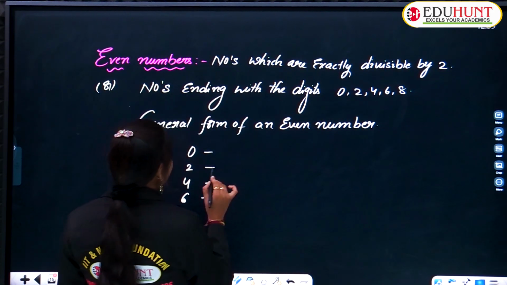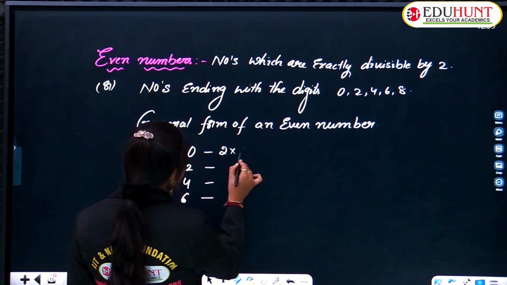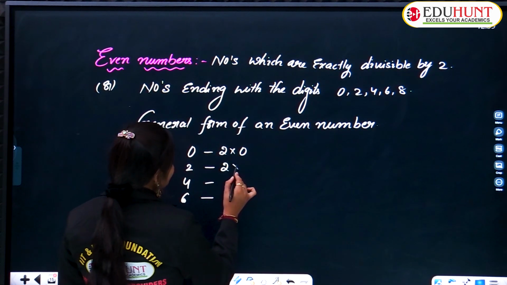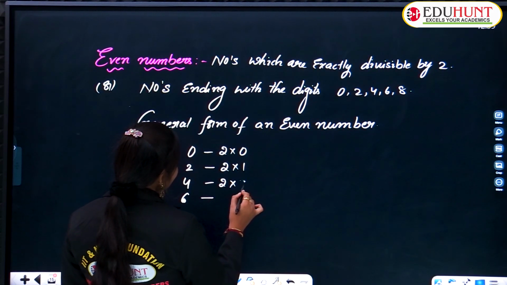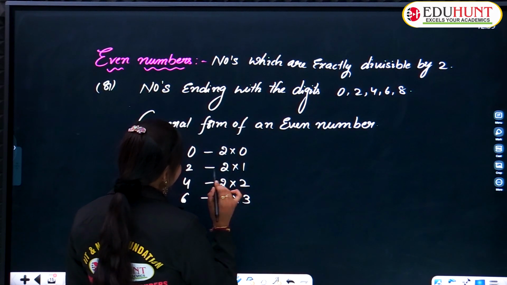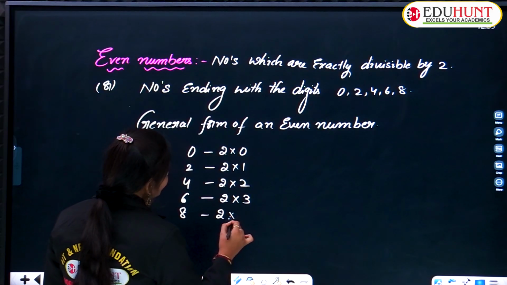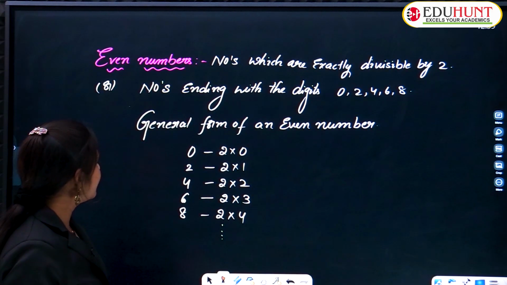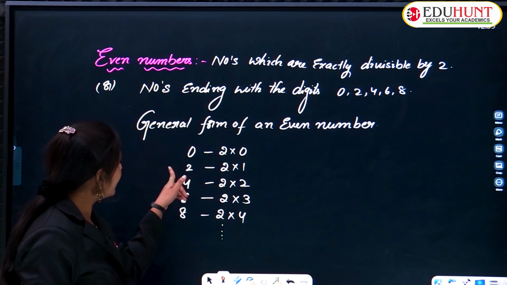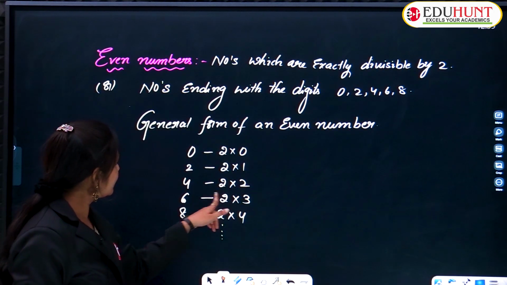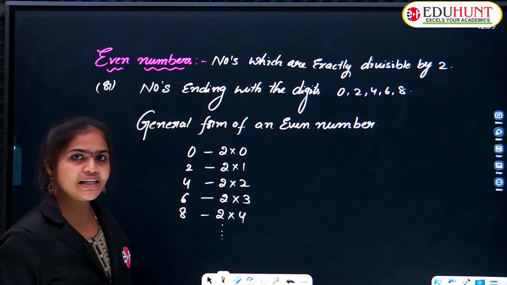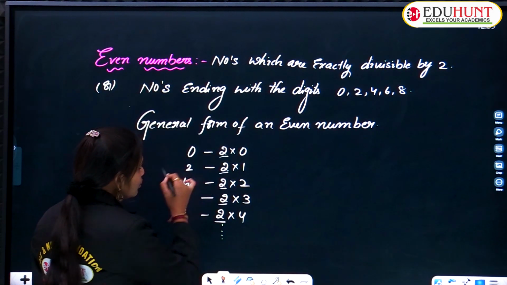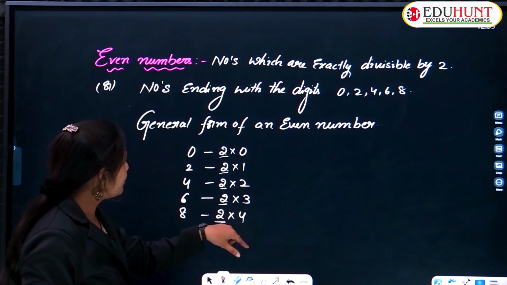We can write 0 as 2 into 0, then 2 as 2 into 1, 4 as 2 into 2, 6 as 2 into 3, 8 as 2 into 4. Which one is common here? 2 is common in all the cases. Which numbers are changing here?